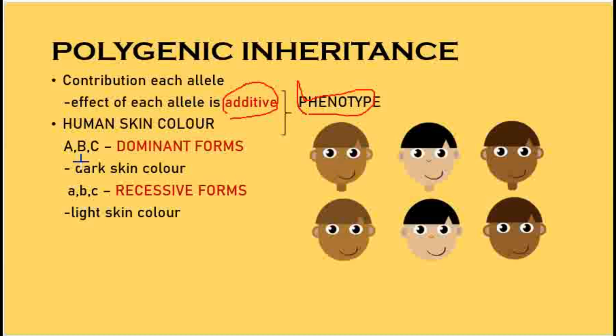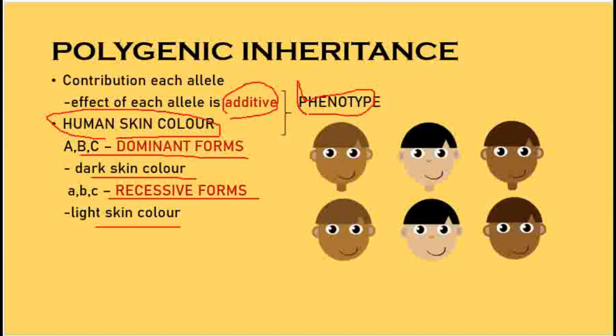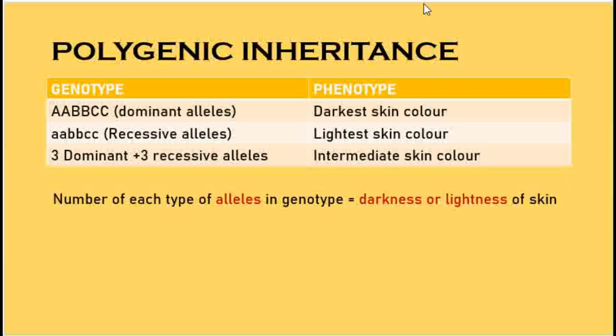Taking the human skin color, let's take A, B, C as the dominant forms of the human skin color gene. It results in dark skin color, and a, b, c are the genes for recessive forms of skin color, that is, light skin color. So let's see what happens.